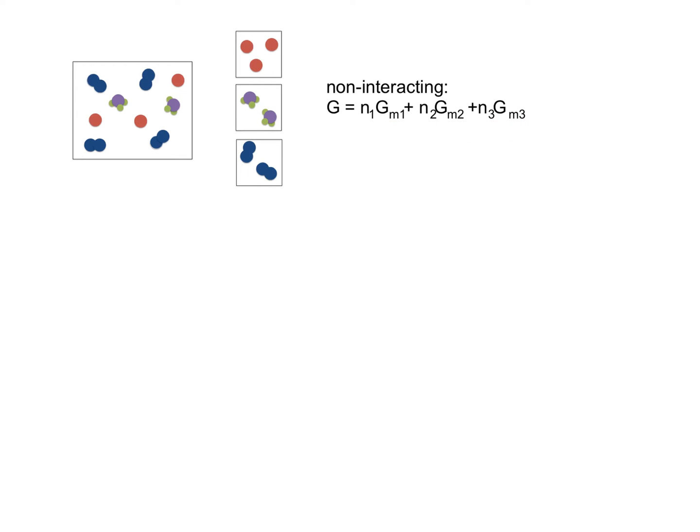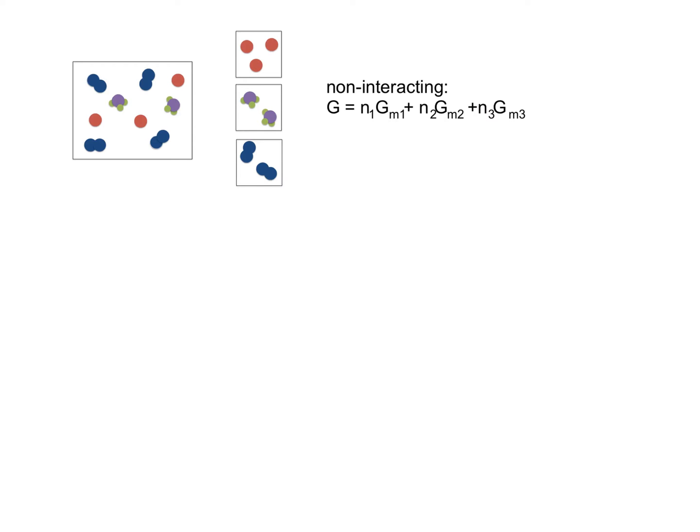If we look at the Gibbs free energy per mole of one of the components and multiply by the number of moles of that component in our mixture, and add that to the number of moles times the molar Gibbs free energy for the next component, and so forth, we should get the total Gibbs free energy of the system, because when we mix these, there are no extra interactions, no potential energy of interactions over what is already existing in the pure systems.